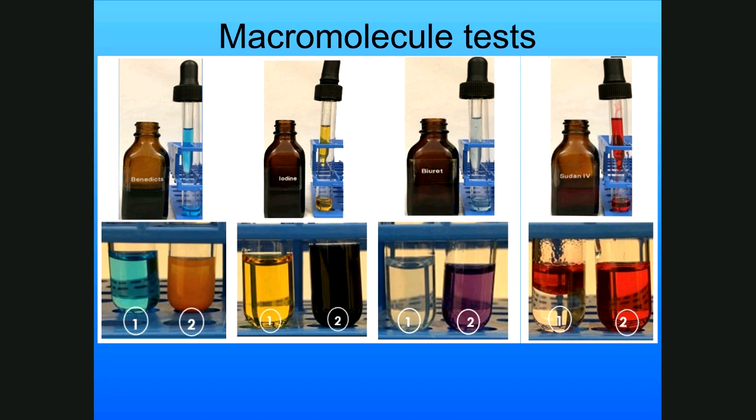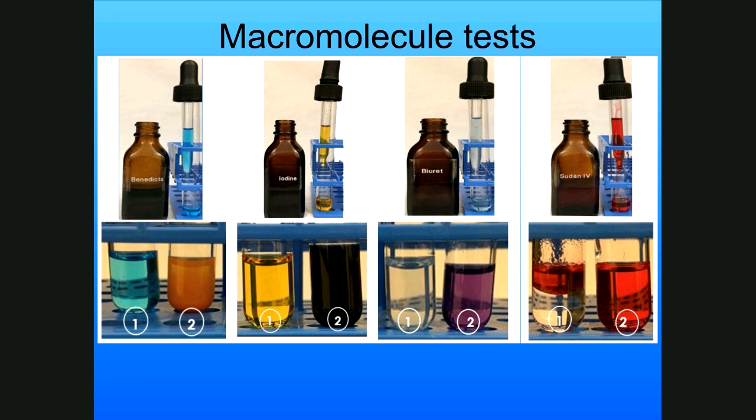Then you have your iodine solution that tests for starch. The Benedict's solution tests for reducing sugars, and the iodine solution tests for starch, which is a carbohydrate, a polysaccharide.